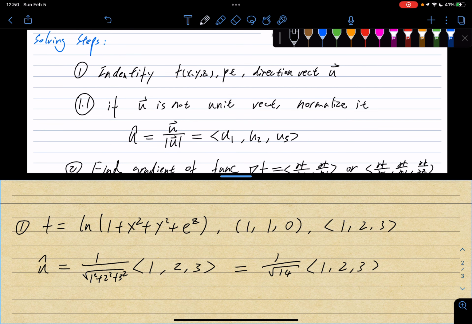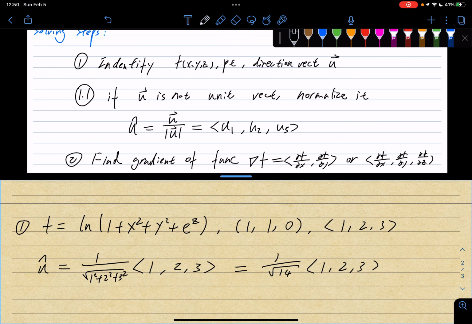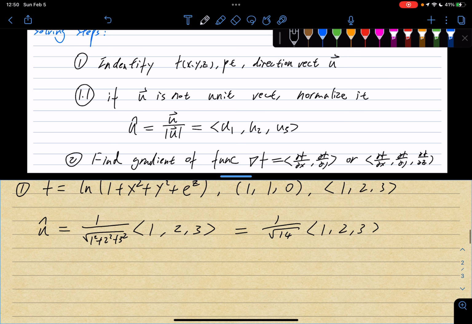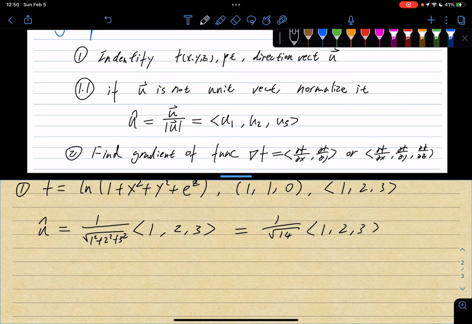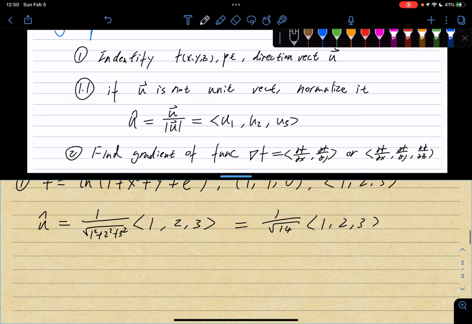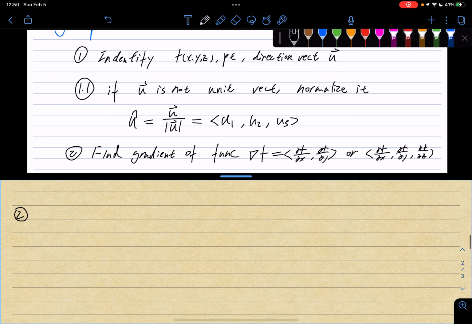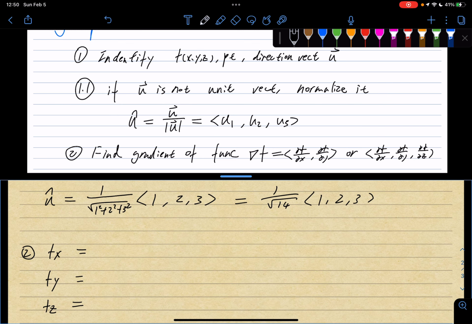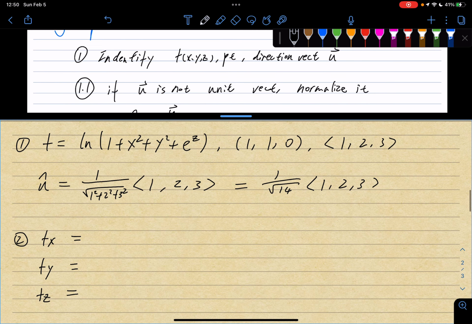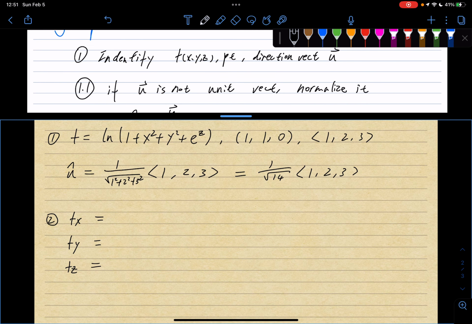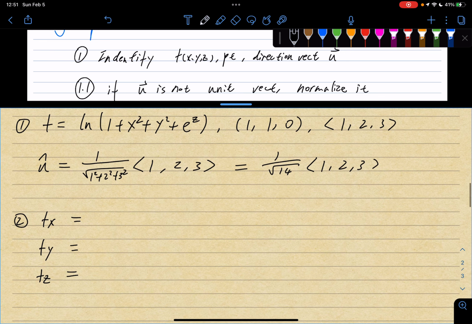Then step two is to find the gradient of the function as usual. So let's go ahead and get on that. Step 2, gradient: fx, fy, fz will equal 2x, right?